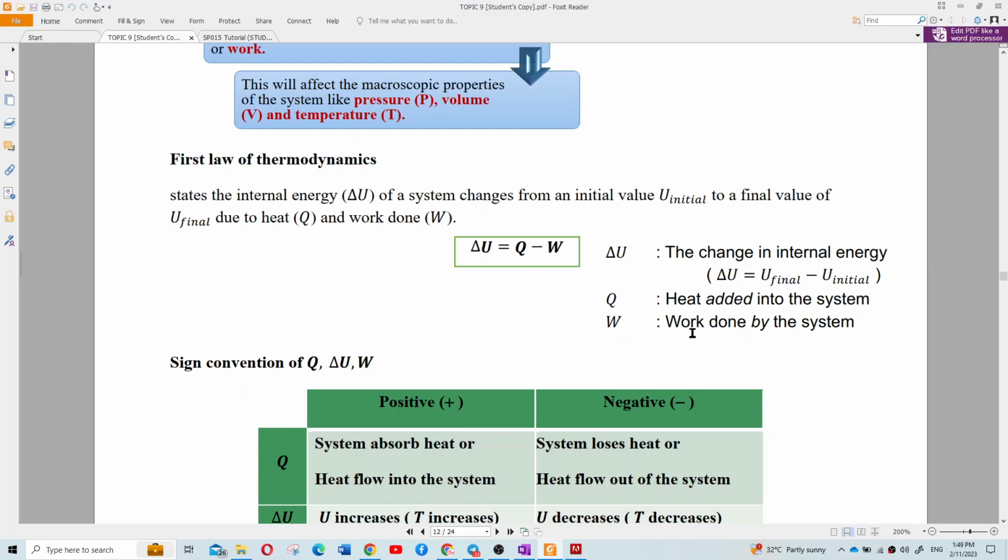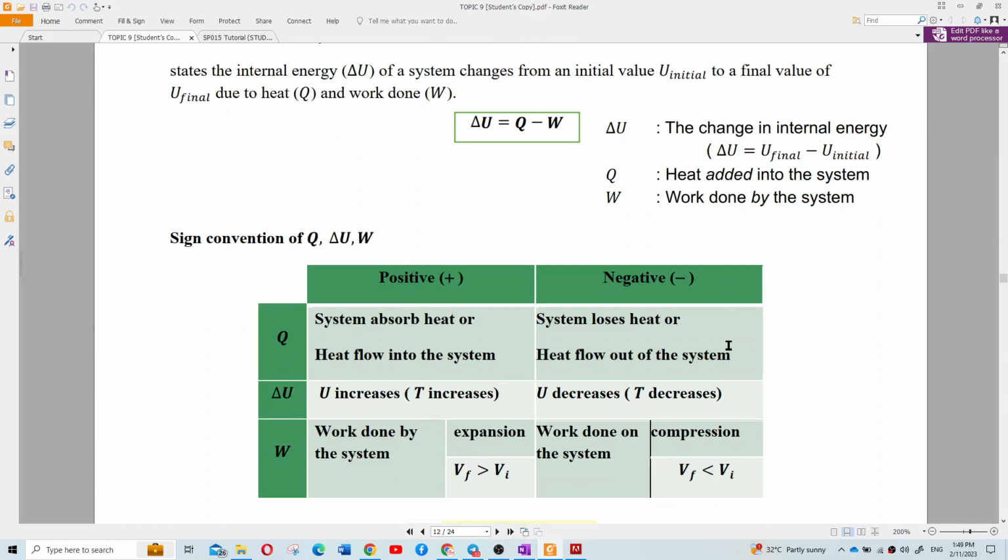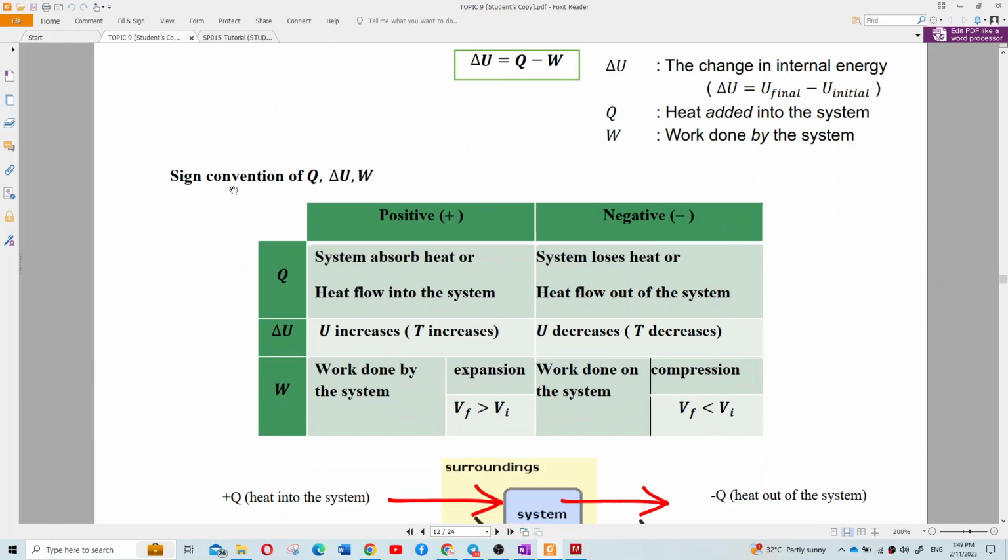So this W is work done. Okay. About work done, I will explain more later. Yeah. This is the most important: sign convention. You must learn this. If you want to manufacture aircon or fridge next time, you must learn thermodynamics.